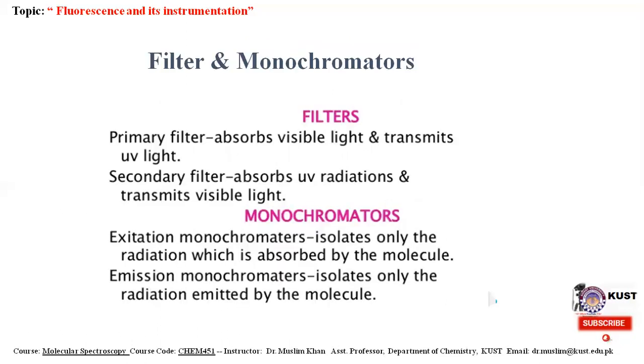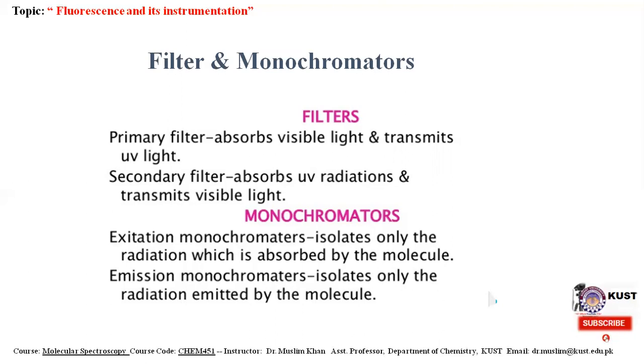The next thing is very, very important: filter and monochromator. The primary filter absorbs visible light and transmits UV light, while the secondary filter absorbs UV radiation and transmits visible radiation. There are two types of wavelength selector used in this case.